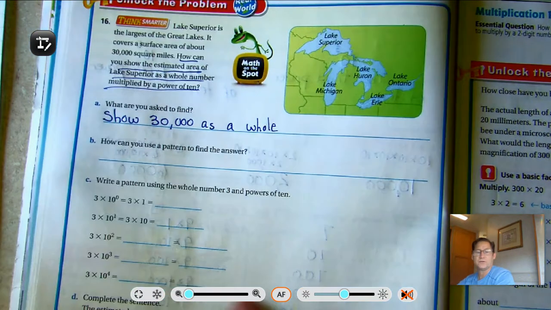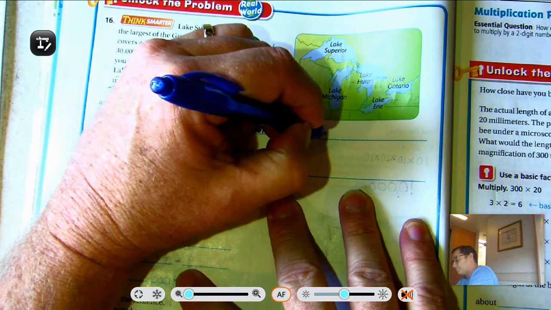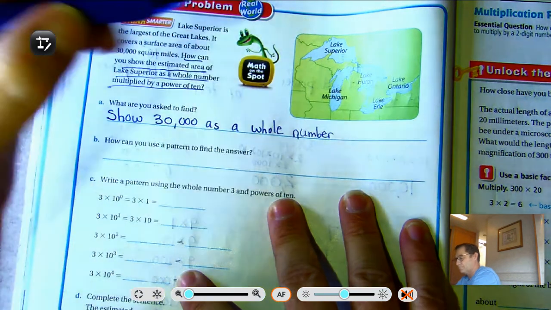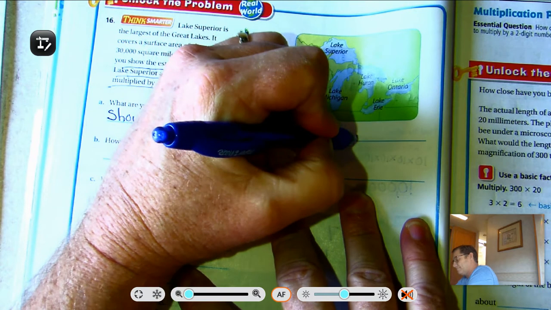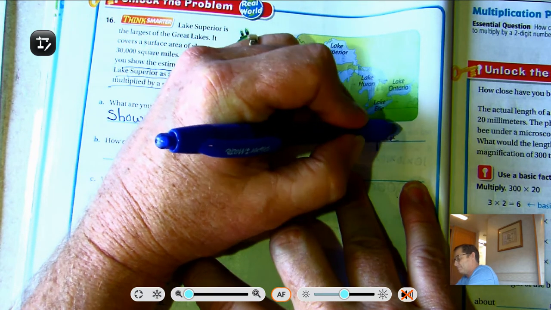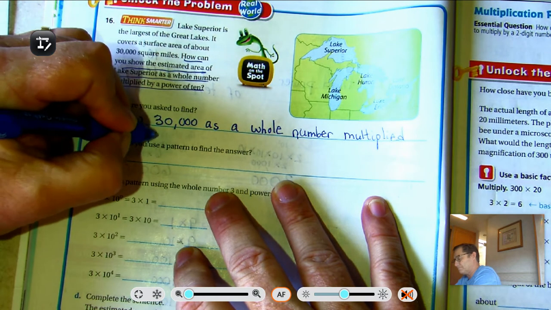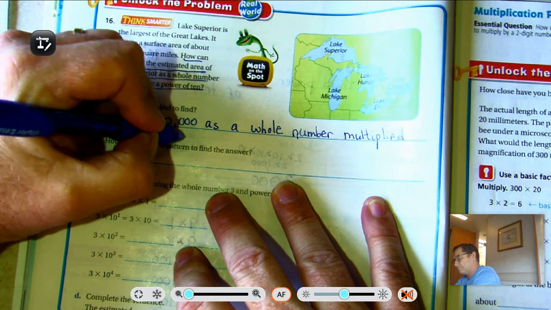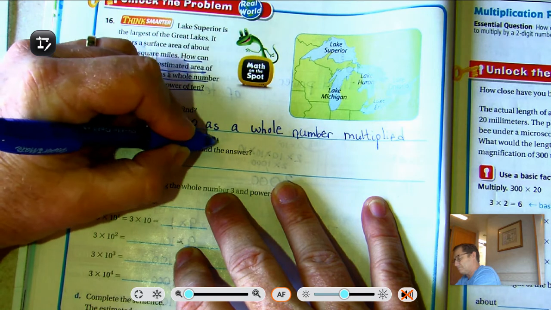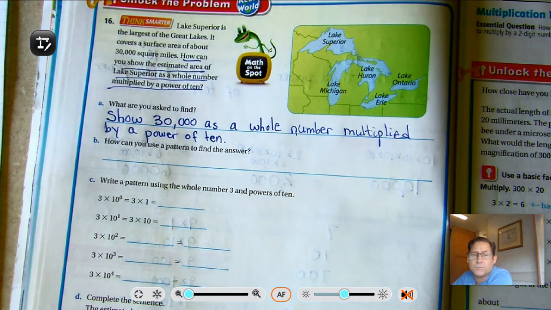Show 30,000 as a whole number multiplied by a power of 10.